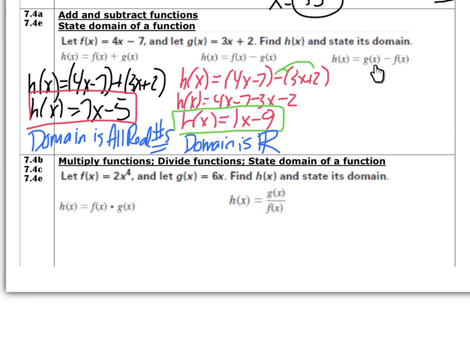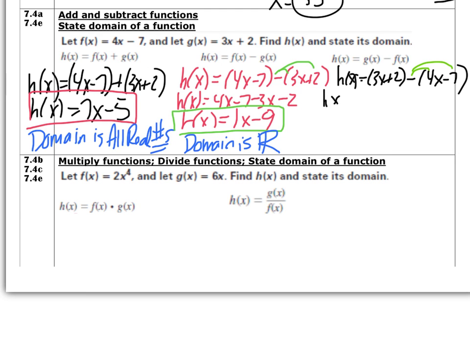The last one is g of x minus f of x, so let's write that one out. So here h of x is our g of x, which is 3x plus 2. This time we reverse the order. We minus 4x minus 7. Again, just don't forget to make sure you distribute that negative sign to both of these pieces. When you rewrite it, it's going to look like this.